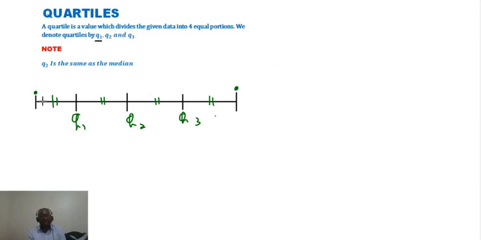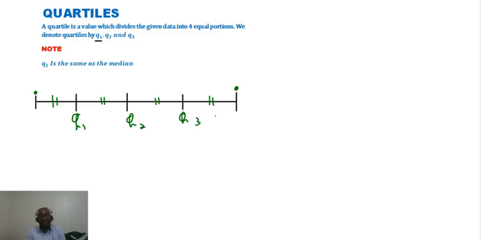Okay. Now this data here has been arranged in order. The order can be either ascending or descending, and this is the reason why we are going to modify the formula for median while finding the quartiles for grouped data. Even for the case of ungrouped data, we shall just be modifying a way of finding the median.